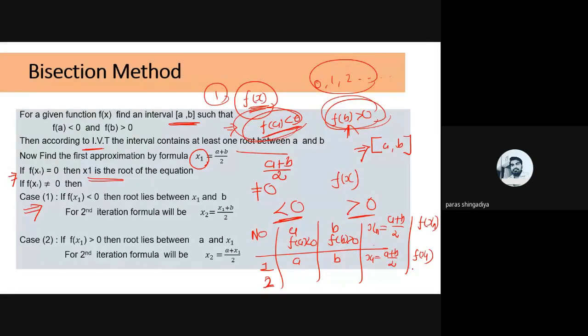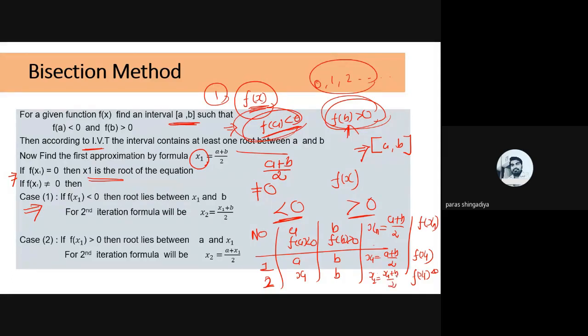If f of x1 is negative here, then this x1 will replace the negative point. What is our negative point? Here A is the negative point because f of A is negative, clear. So we replace A with x1, and B stays as it is. In the second iteration, the formula for x2 is x1 plus B by 2.